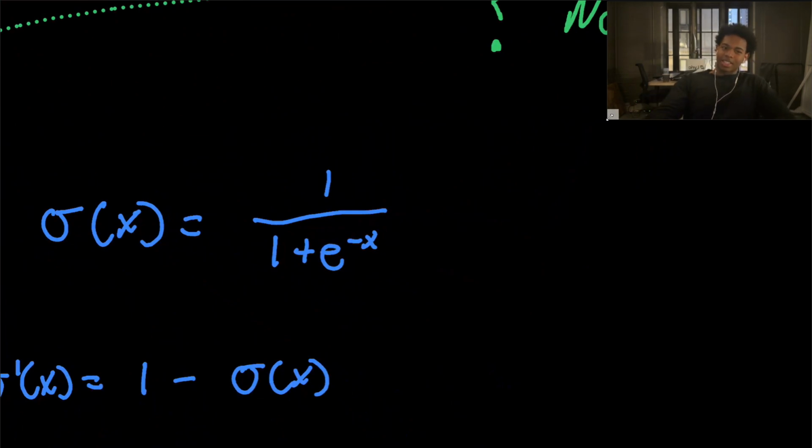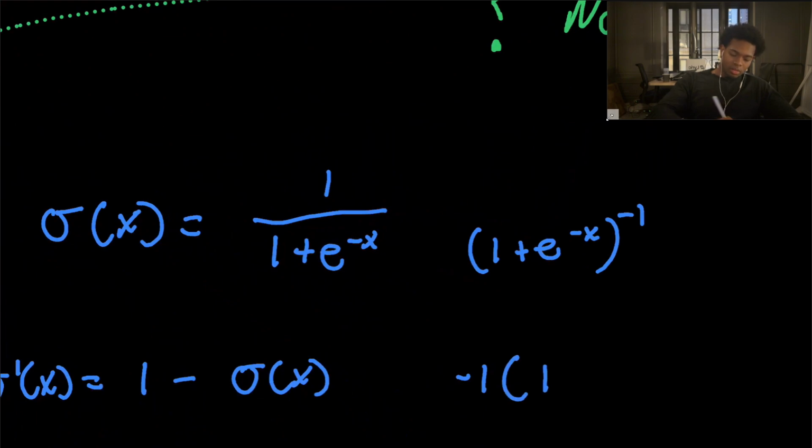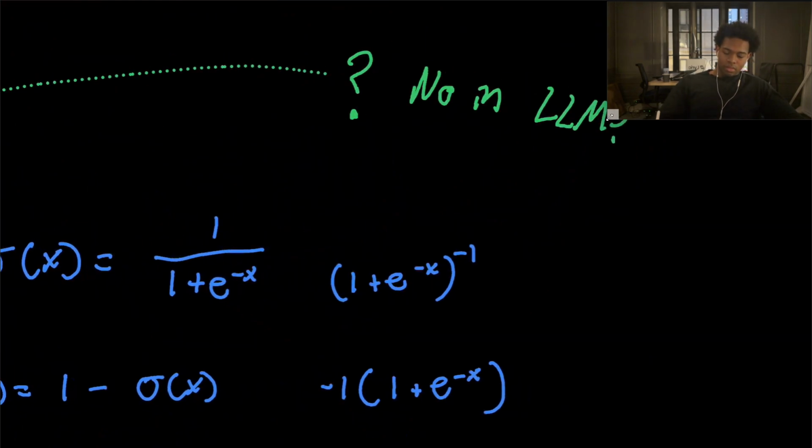Let's see. With respect to x, that is 1 plus e to the minus x to the negative 1, as far as I'm concerned, which is negative 1 times 1 plus e to the minus x to the negative 2, times, what's this with respect to x?